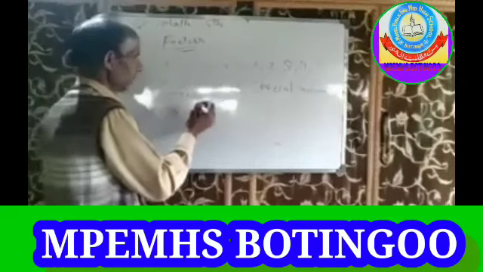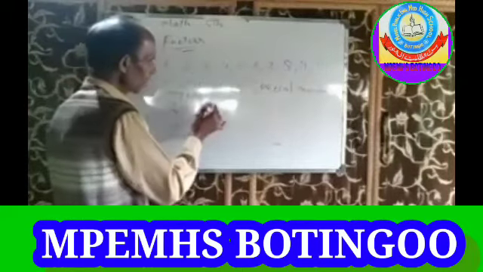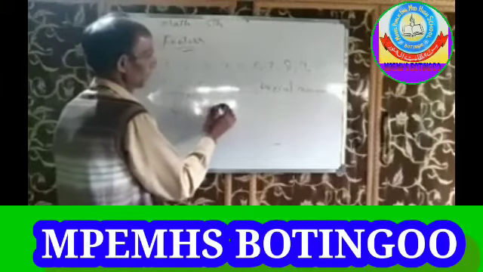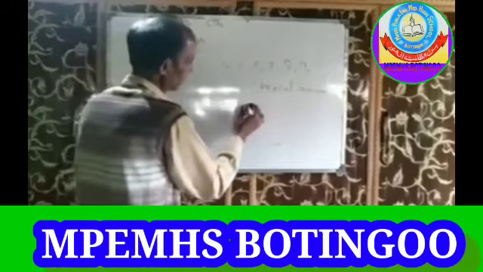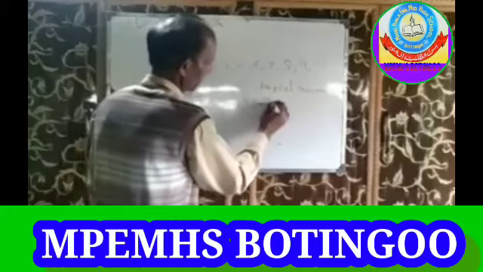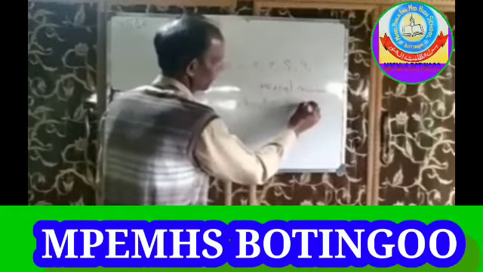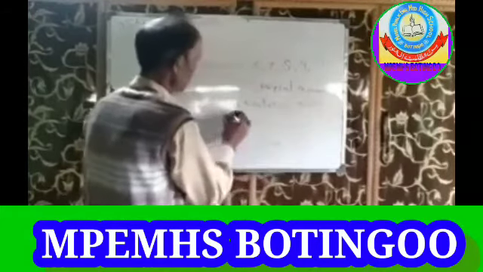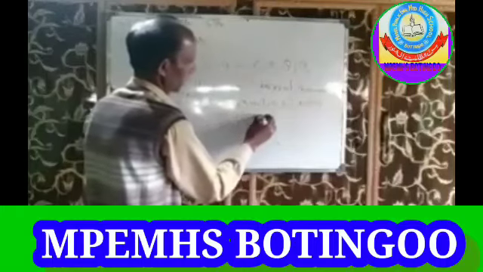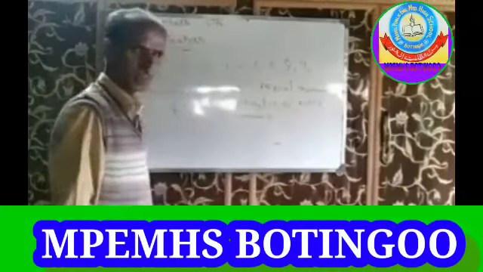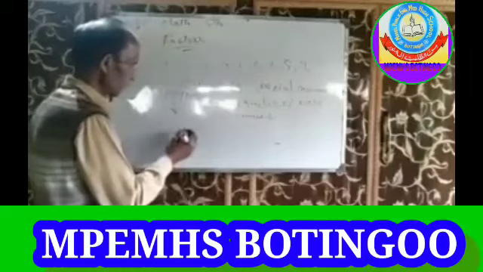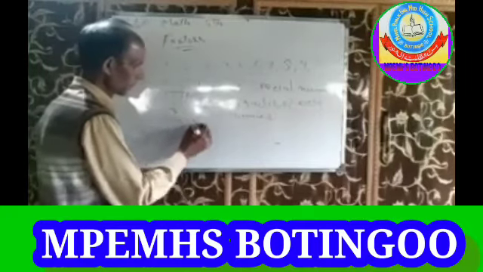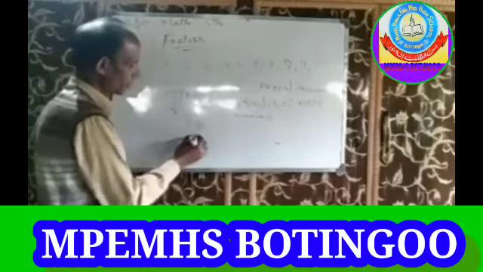And 1 is unique because 1 is the factor of every number. If we divide 2 by 1, 1 twos are 2.